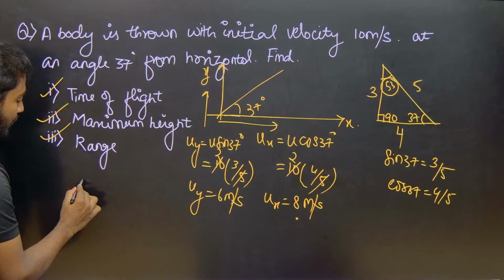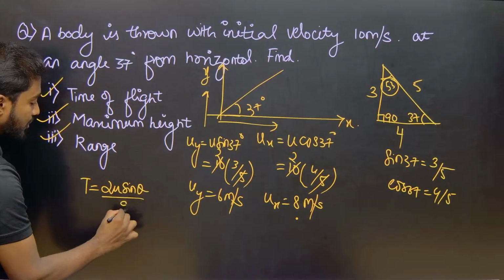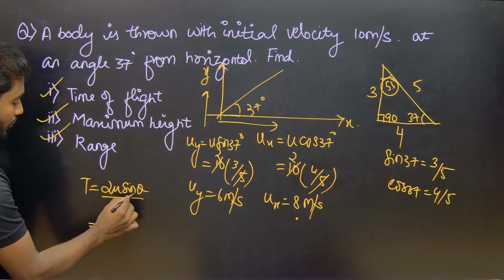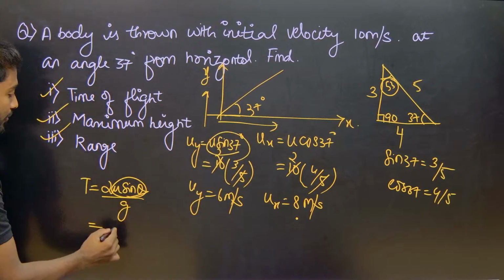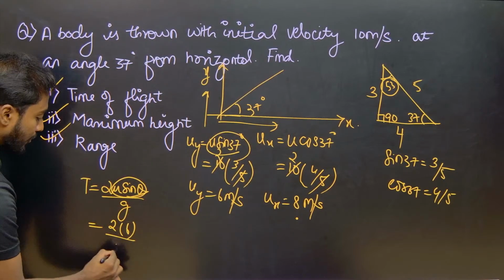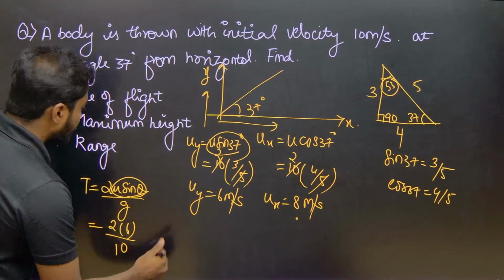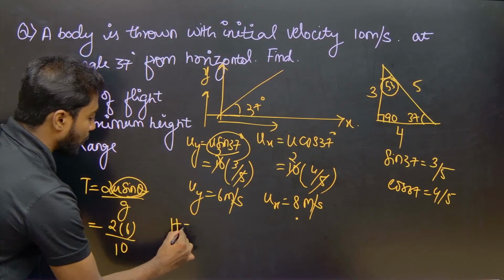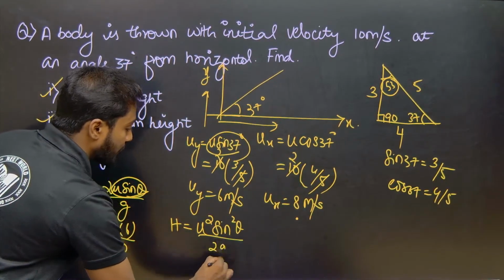Time of flight formula is 2u sin theta by g. So u sin theta is 6, so 2 into 6 by 10 is the time of flight. Next, maximum height: h is equal to u square sin square theta by 2g.